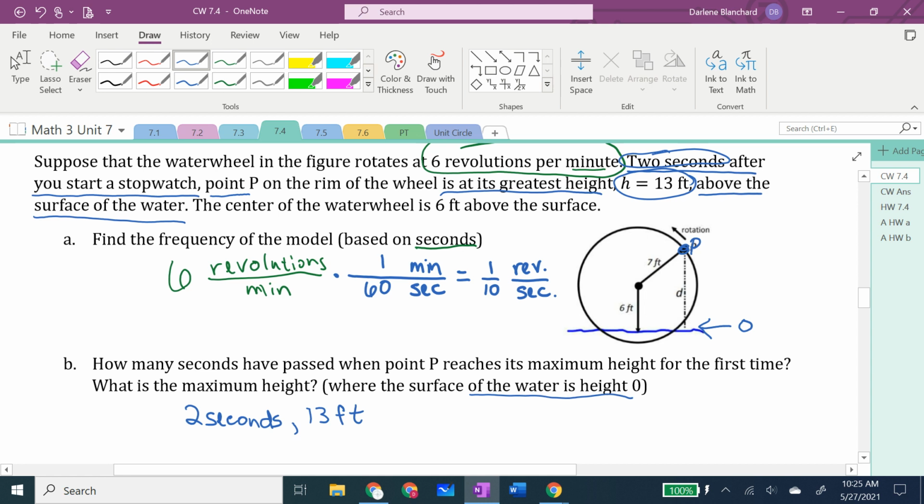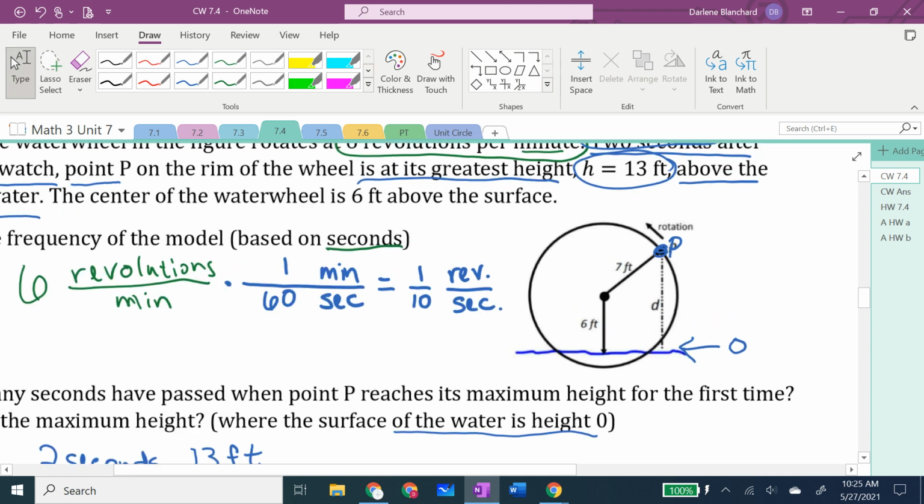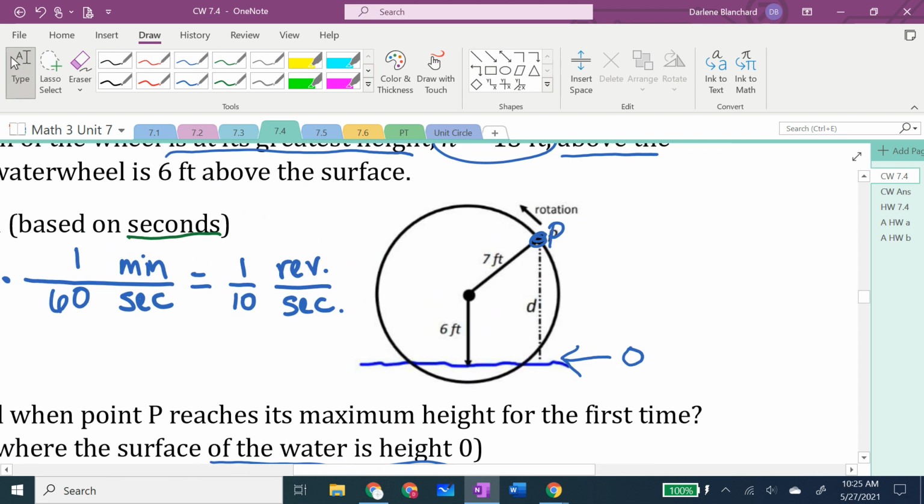So here's height 0. And now if you look at the drawing of this problem, this is saying that the radius is 7 feet. The distance from the center of that wheel to the surface of the water is only 6 feet. So what it's actually telling me, if I think about it, is that it has 1 foot of the wheel under the surface of the water.